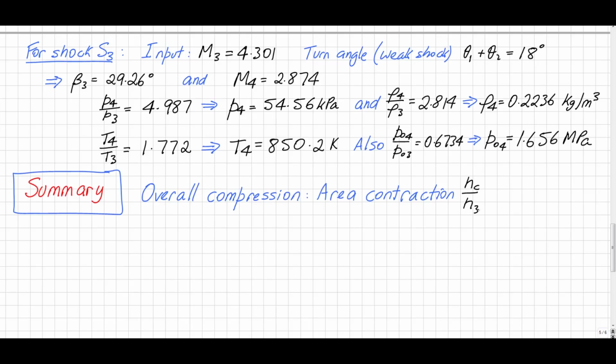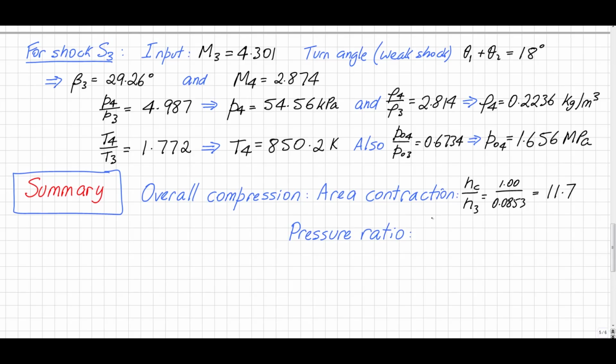And since this is a two-dimensional inlet, we can just take the height of capture over the height at the end, and so that's 1 meter capture height and 0.0853 meters at the entry to the combustor, which gives us that we're contracting the area by a factor of 11.7.